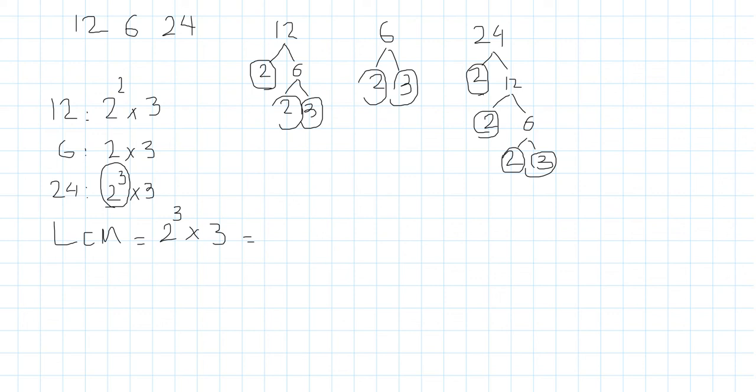Now 8 times 3 is 24. It is the LCM. And the GCF is 2 times 3. The smallest power for 2 is this, and the smallest power for 3 is 1. No difference between them. So we say 6 is my answer.